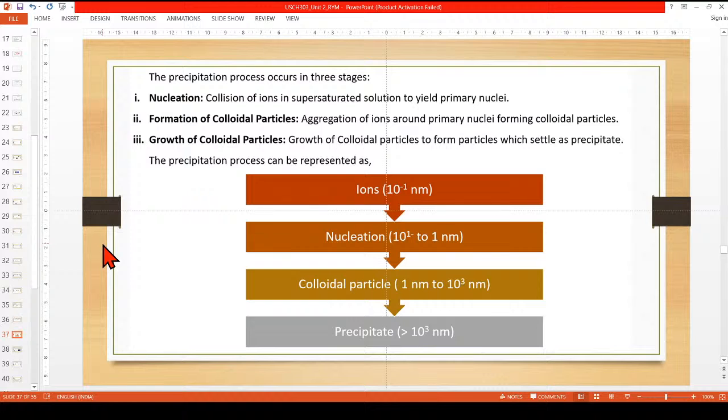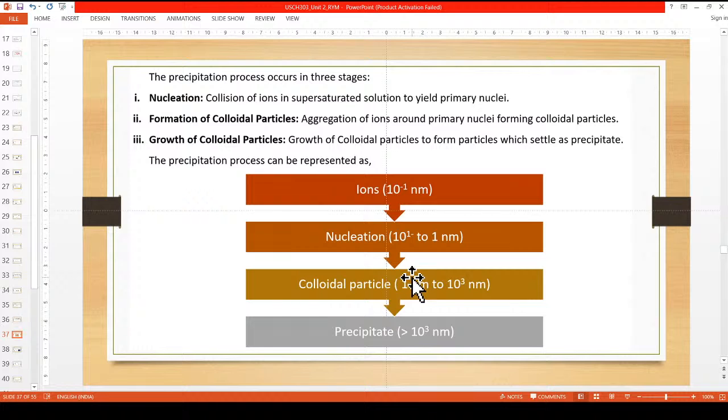Okay, now let us see about colloidal solutions. As I told you, colloidal particles are 1 nanometer to 10 raised to 3 nanometers. When your first ion pair is formed, it is of 10 raised to minus 1 nanometer, that is 0.1 nanometer. When nuclei form by clustering of ion pairs, these nuclei are 1 to 10 nanometers.